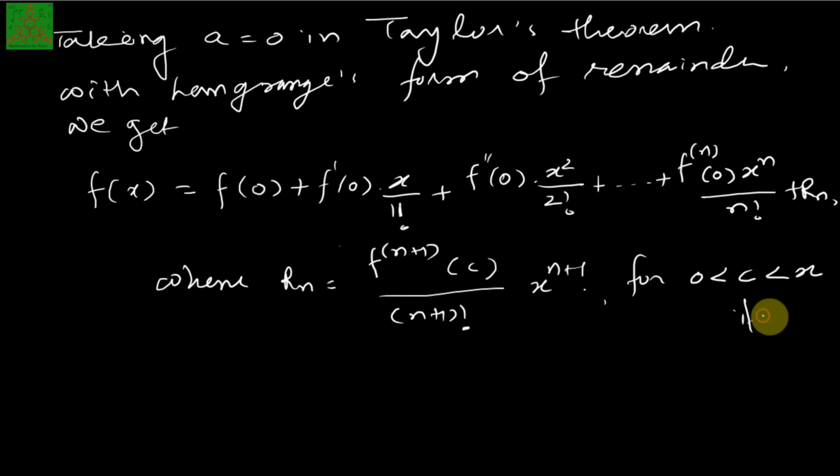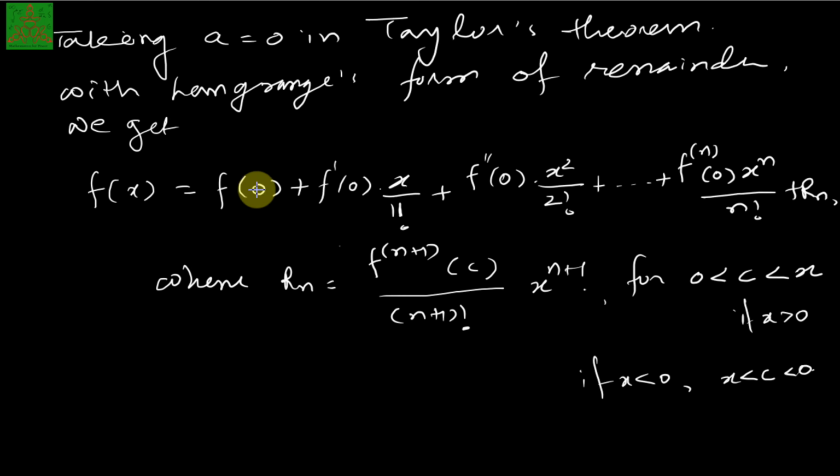If your x is positive, and if your x is negative, then your c is between these two. So this is the value of Rn. The ultimate goal is to prove that this Rn tends to 0.